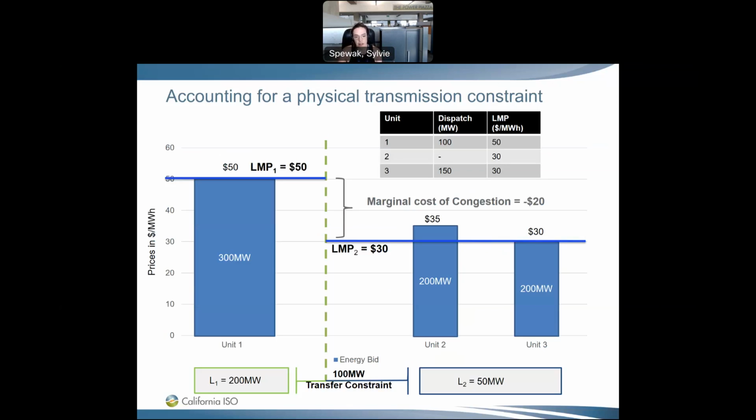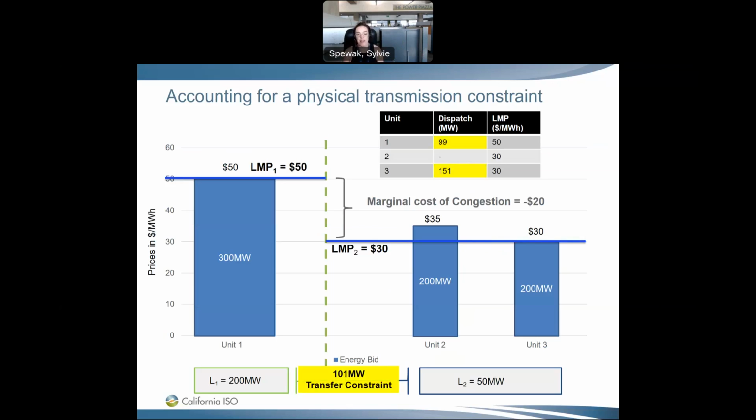So just like we did to find the LMPs, we will increase the transfer constraint by 1 megawatt to verify what the marginal cost of congestion is. When we do that, we're able to dispatch an additional megawatt from Unit 3 and dispatch down one of the more expensive megawatts from Unit 1.